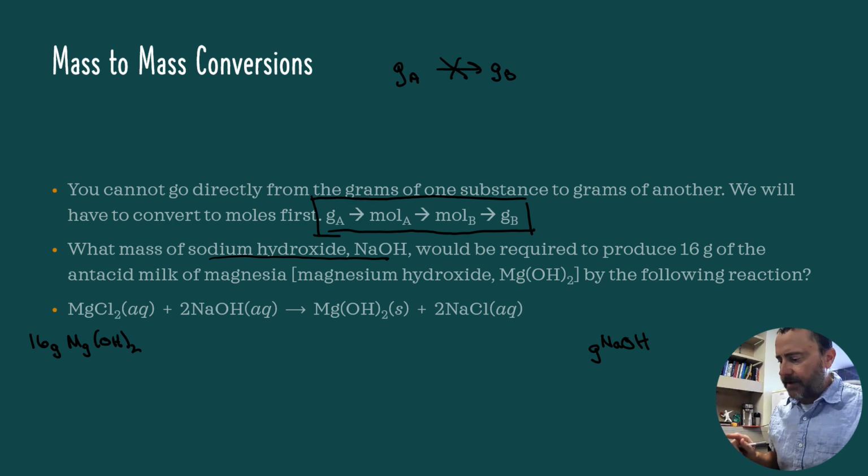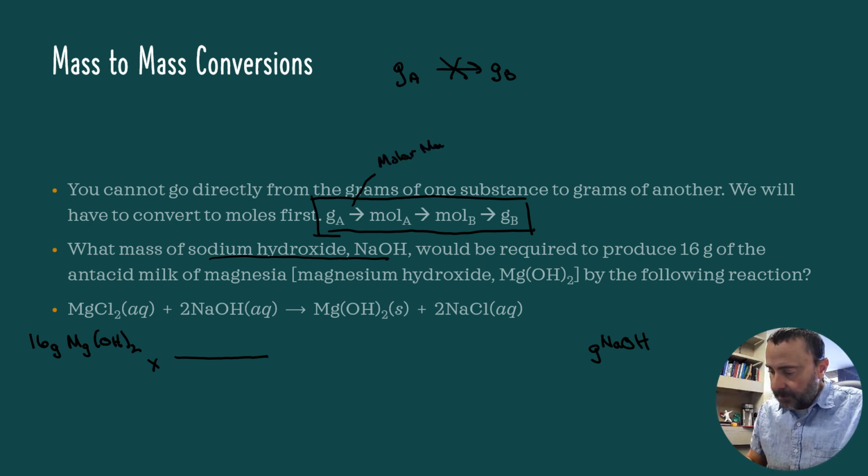Again, I can't go directly there, so I'm going to go from my grams of magnesium hydroxide to moles of magnesium hydroxide. This grams to moles is by using that molar mass that we did back in chapter 2.